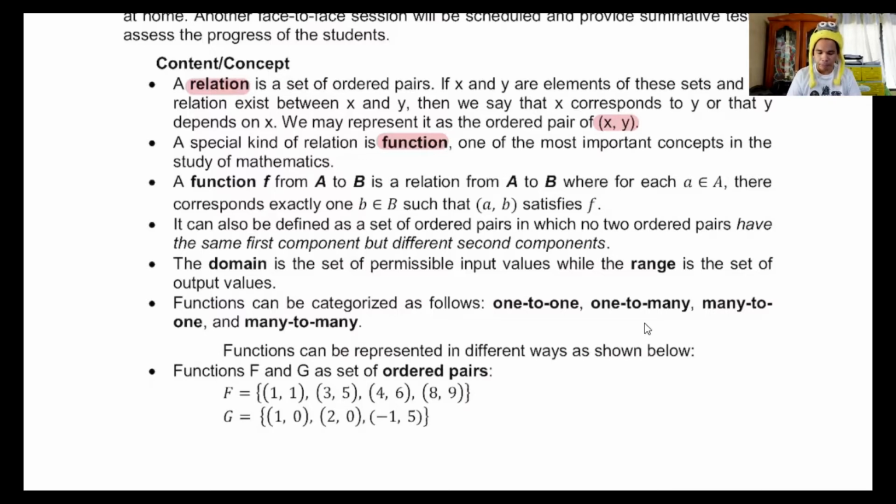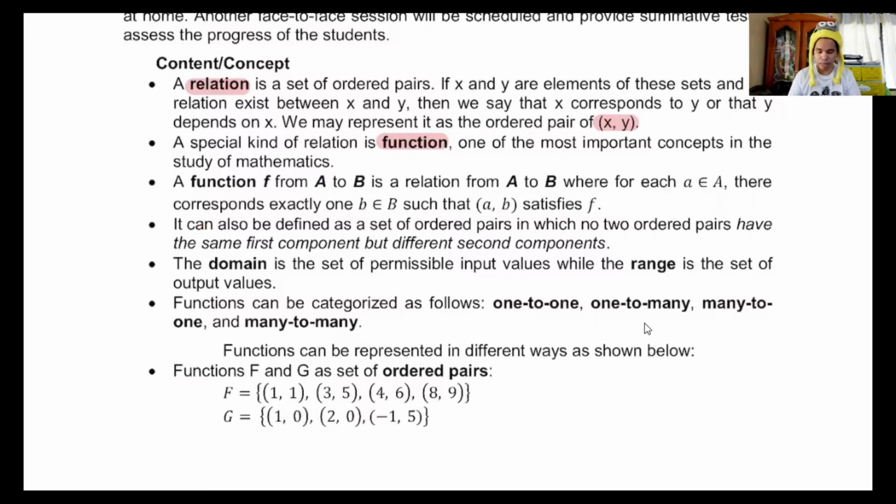Okay, now what is a function? A function f from A to B is a relation from A to B where for each a element of A, take note on how you read this, there corresponds exactly one b element of B such that the ordered pair (a, b) satisfies f.